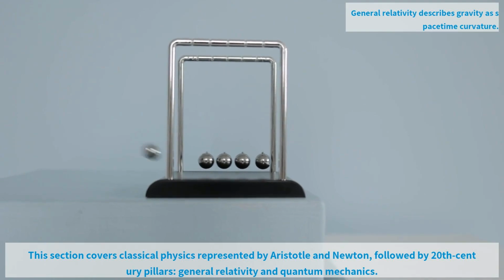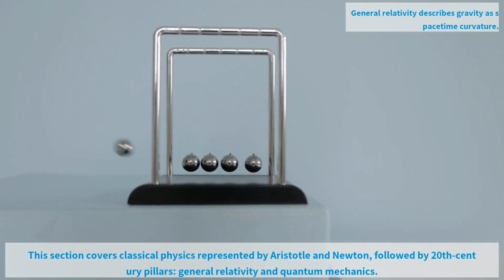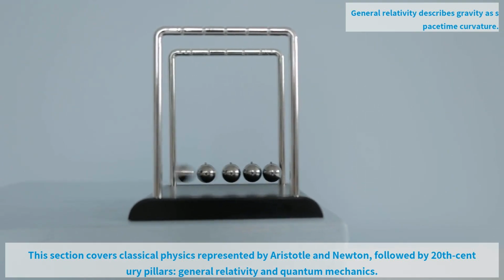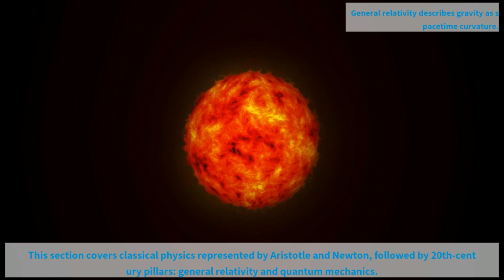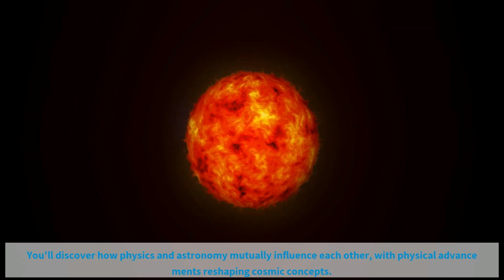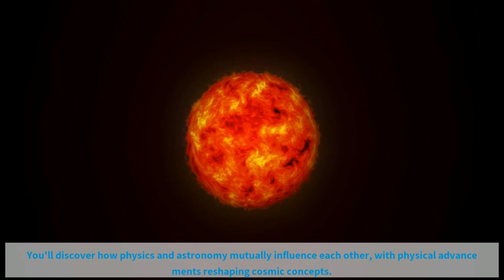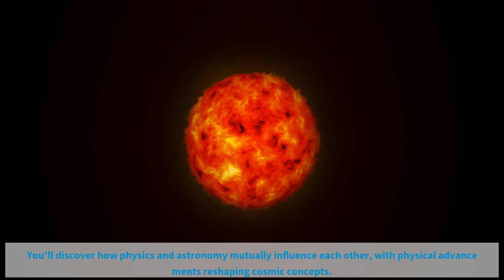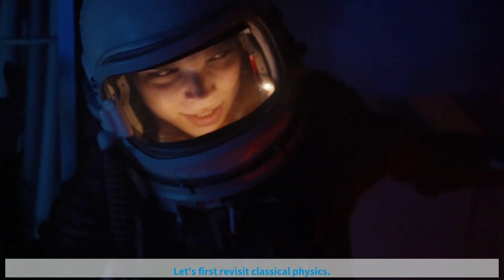This section covers classical physics, represented by Aristotle and Newton, followed by 20th century pillars, general relativity and quantum mechanics. You'll discover how physics and astronomy mutually influence each other, with physical advancements reshaping cosmic concepts. Let's first revisit classical physics.